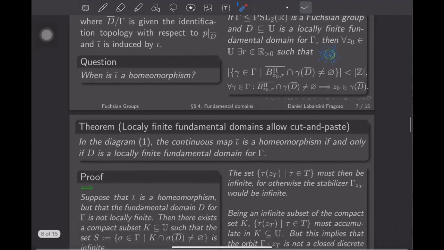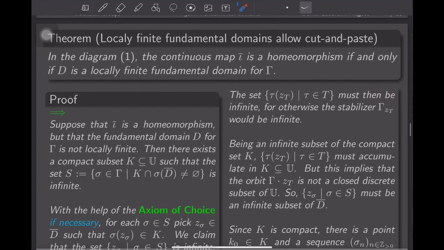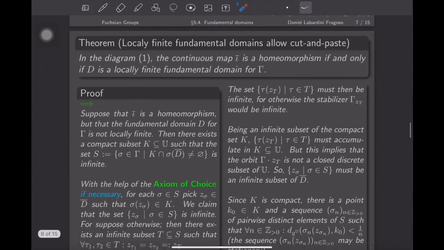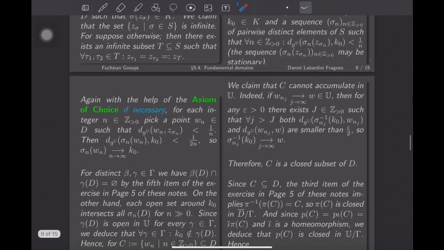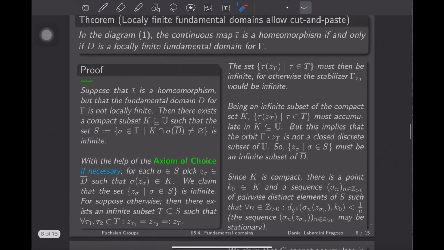Suppose that is a homeomorphism, but that the fundamental domain is not locally finite. After a long road, I'm going to arrive at a contradiction: something is going to not belong to a certain set, and at the same time it is going to belong to the set. But it's going to be a bit long.